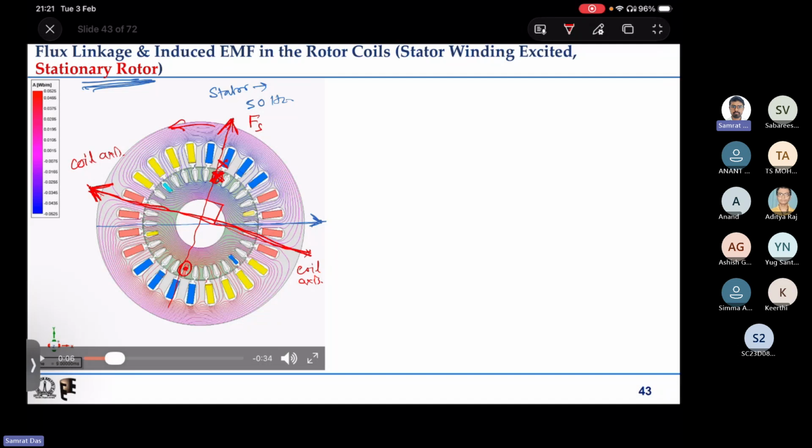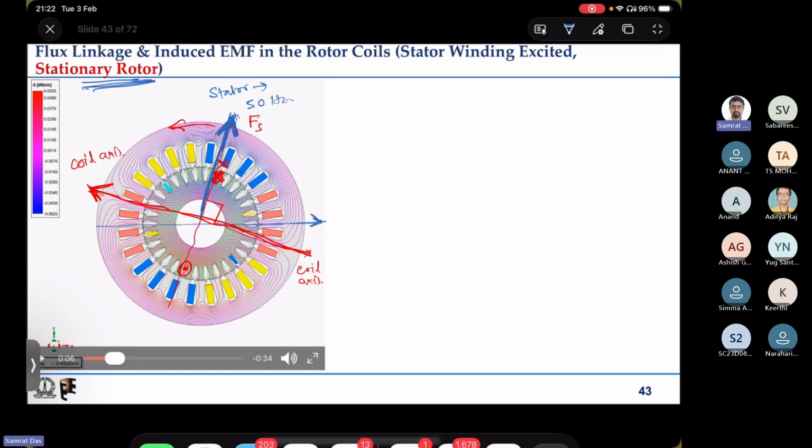That means all the flux is linking the coil. That means the flux linkage is maximum. So earlier when the magnetic field was here, that is whatever I am trying to draw with blue color, the magnetic field axis was perpendicular to the coil axis. That is why flux linkage was 0.